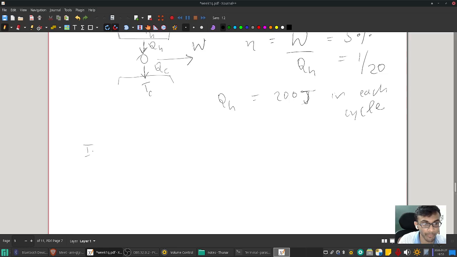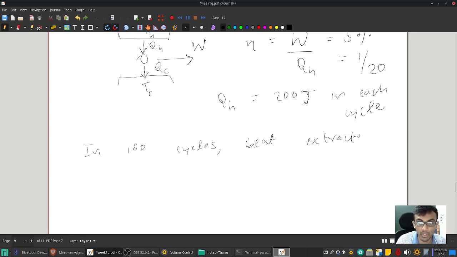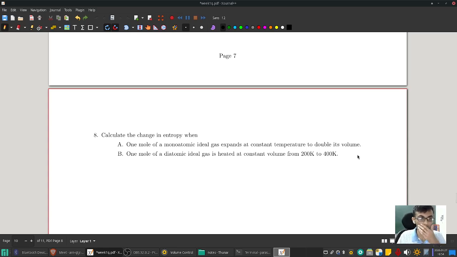So in 100 cycles, heat extracted is going to be 20,000 joules, or it's 2 into 10 to the 4 joules. Okay, all right.